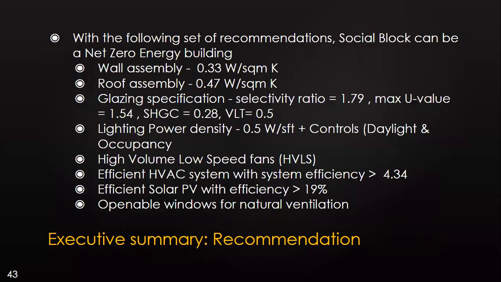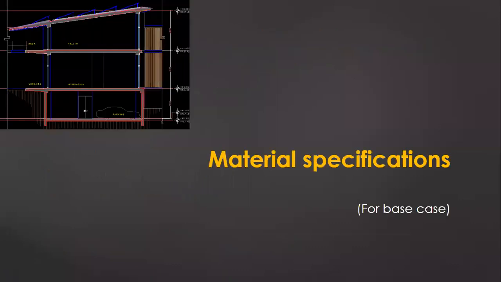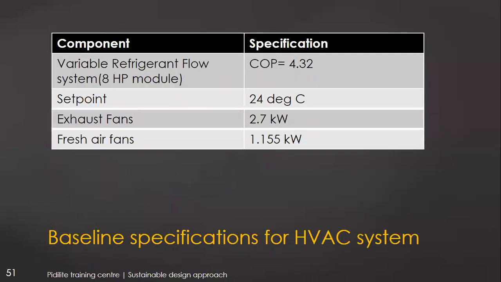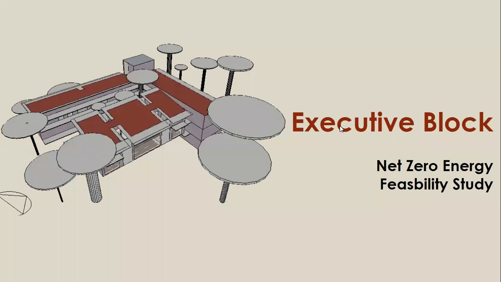Now, similarly, we did this. I'm skipping through this because I want to show you the methodology. We did the same methodology for the other blocks, executive block, and then the residential block as well.